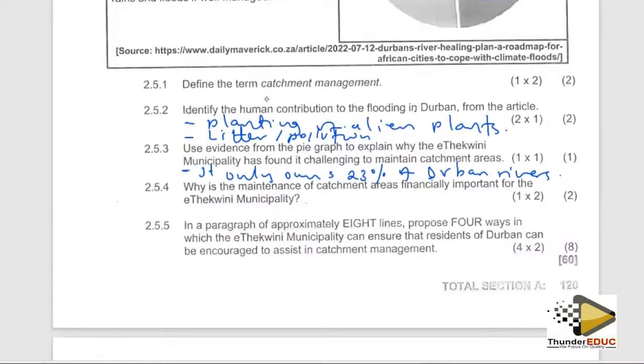So I could say well-managed catchment areas provide 4 billion in revenue.